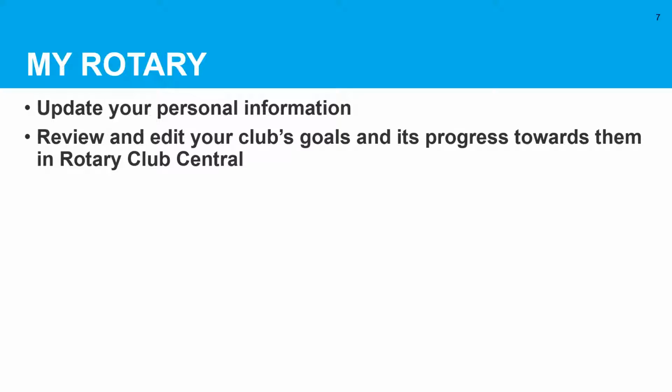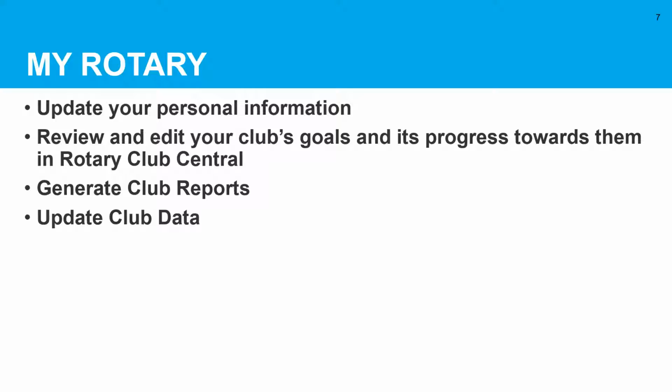Okay, MyRotary has all kinds of information, and we're going to talk a little bit about how to get in there, how to update your personal information. She's got there the goals in Rotary Club Central. I'm going to show you in a little bit how to get in here, but also there are club reports, particularly membership reports and foundation reports, which are two of the main ones that you might want to get out for your club.